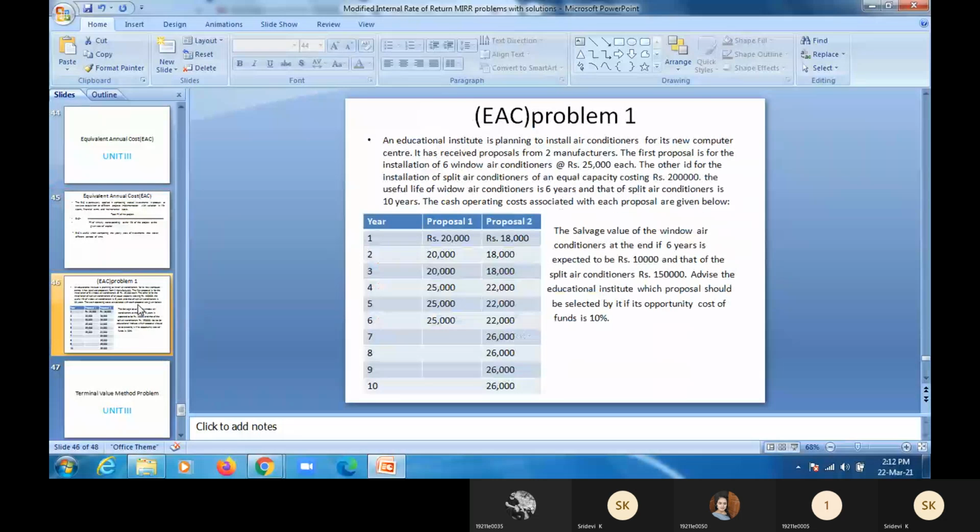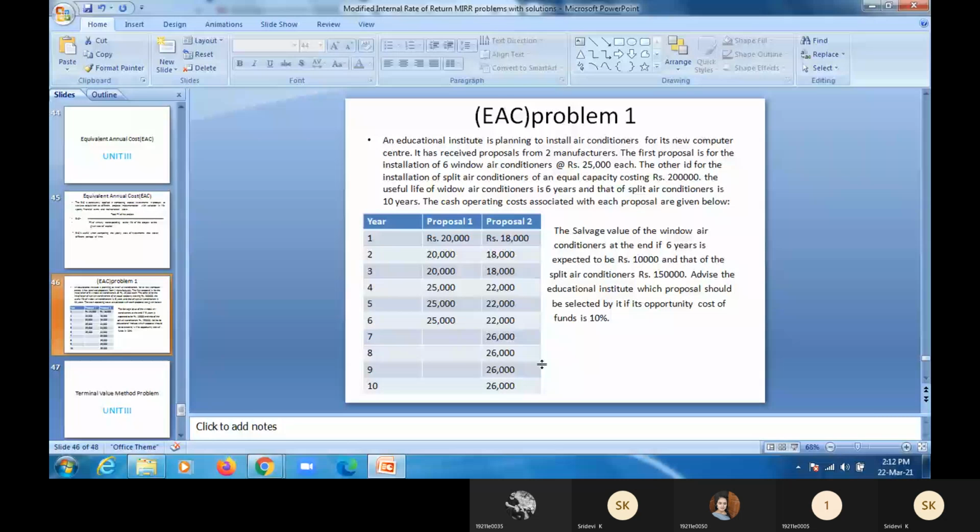See, this is the problem which I have displayed in the last class. So in this problem, we have given two options. One, it is air conditioner installment. Two types of air conditioners are there.